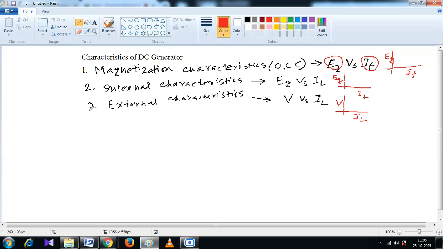Manish, now tell me what is magnetization characteristics? Sir, please repeat the internal characteristics. Manish, are you there? Wait, Deepak, wait. Khushbu, have you understood what is magnetizing characteristics?